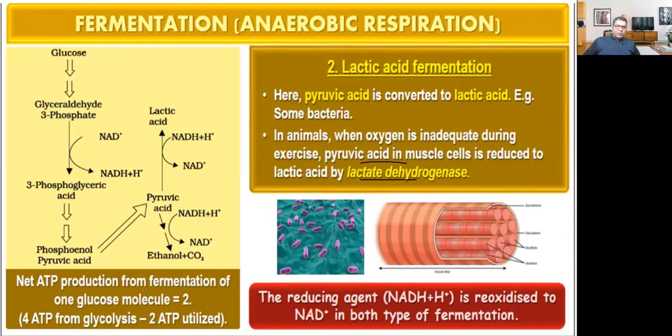So net ATP production from fermentation of one glucose molecule is 2 here. The reducing agent NADH plus proton is reoxidized to NAD in both types of fermentation, whether it is alcoholic fermentation or lactic acid fermentation.